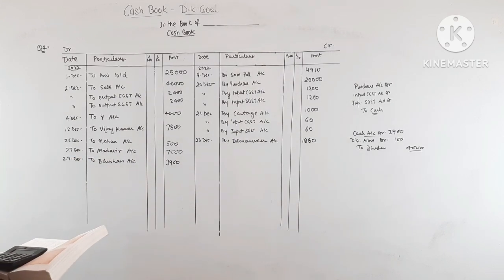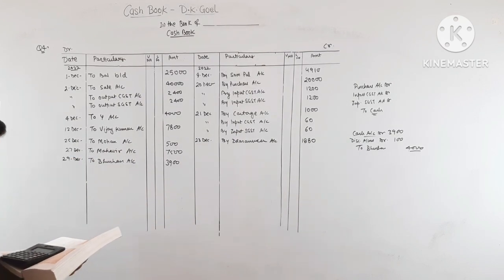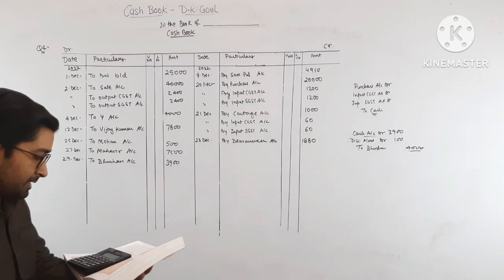Now the next, 31, paid to Lalita 2700 in the full settlement of her account 3000.